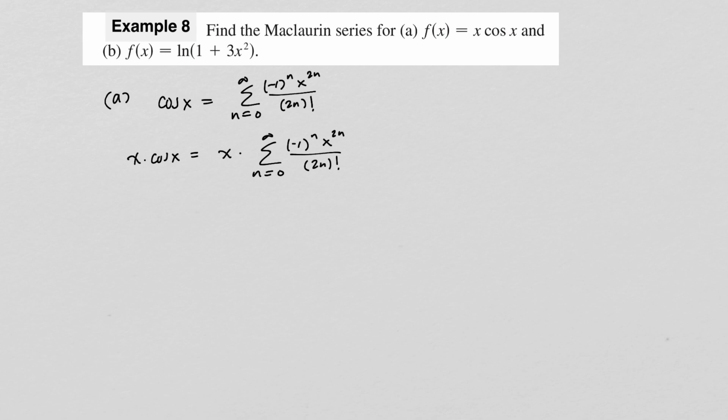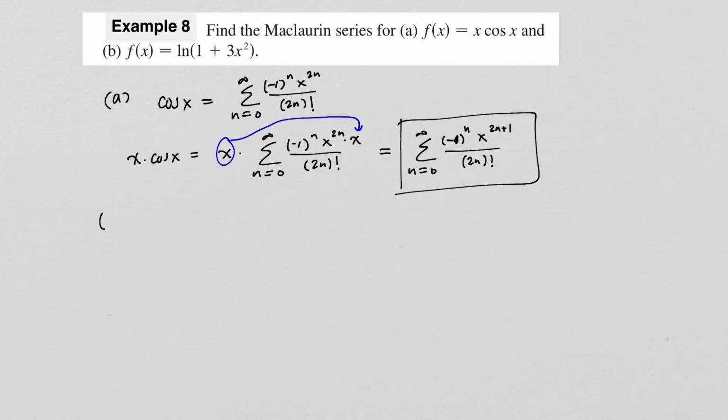And since this x is independent from n, we can bring it to the inside. So we can move this x in here. And all that does, when we combine those x's together, is it just adds 1 to the power. So we'll have x to the 2n plus 1. And so we get this Maclaurin series very easily.